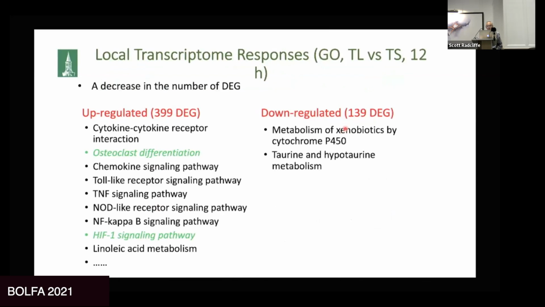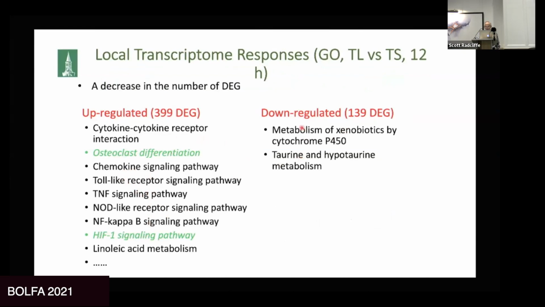How about 12 hours? The number of differentially expressed genes at 12 hours was significantly reduced, only about 400. But again, the main pathways are cytokine signaling and host cell differentiation. There is one, HIF1, which relates to hypoxia, so potentially there is hypoxia at that time.